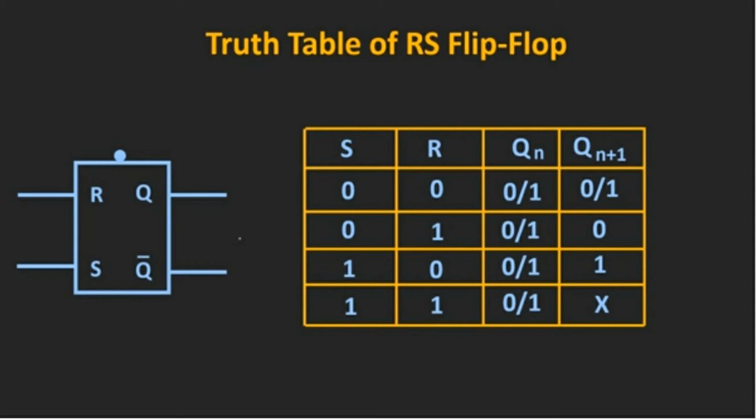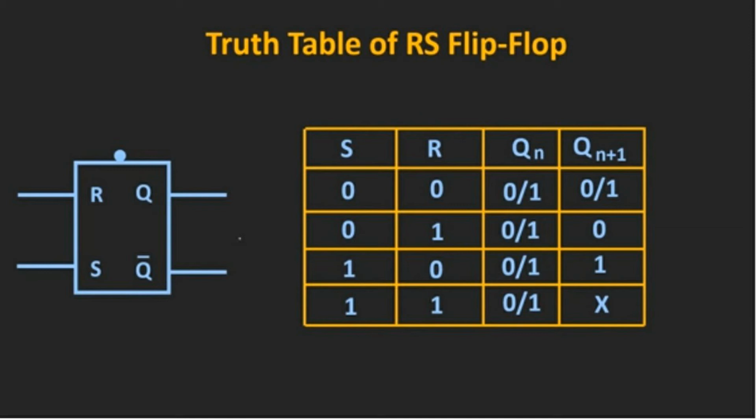When the input S equal to 0 and R equal to 0 are given, in such a condition the present output is equal to the previous output. When S equal to 0, that is set equal to 0, and R equal to 1, reset input equal to 1, are given, in such a condition the output is 0.